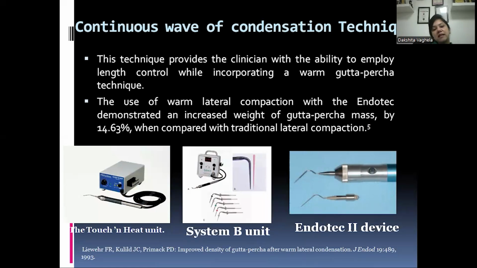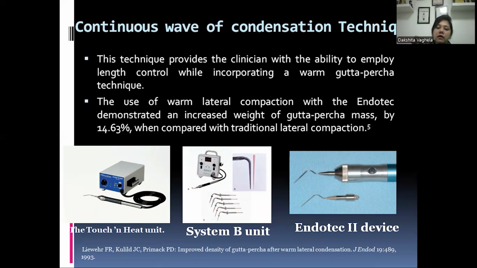Continuous, as the name suggests, means that the heat is continuously applied, right? Earlier, we were cutting it with a heated plugger and condensing it with a cold, room temperature plugger. Here, the same plugger, which is heated, is used, and the machines used can be the Touch and Heat system, Endotech 2.